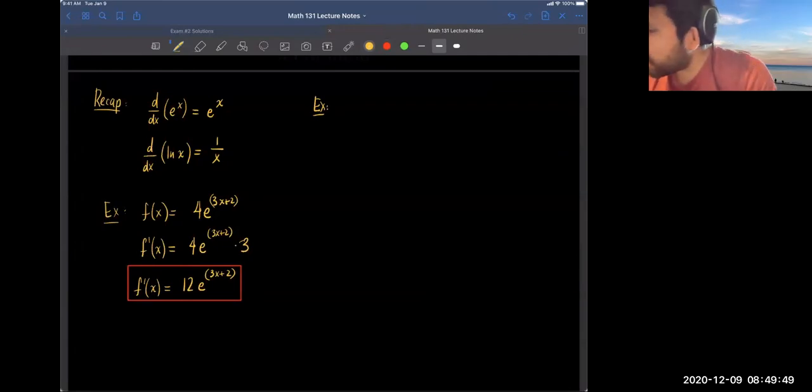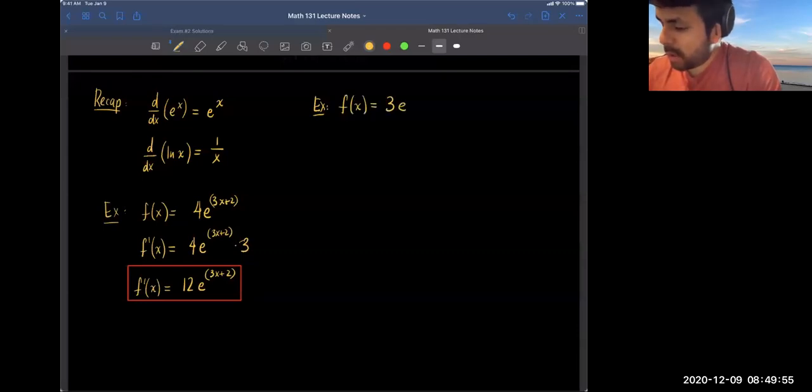Let me give you another one. How about this? If I have my function 3e to the negative 1 over x, what is my derivative?